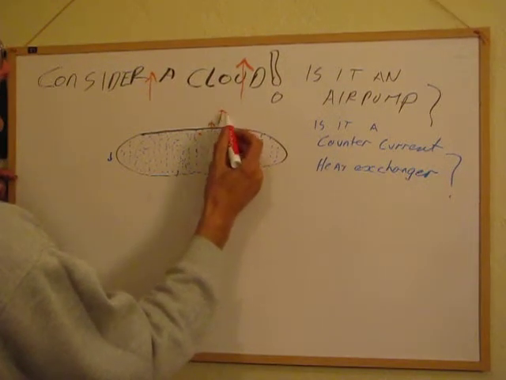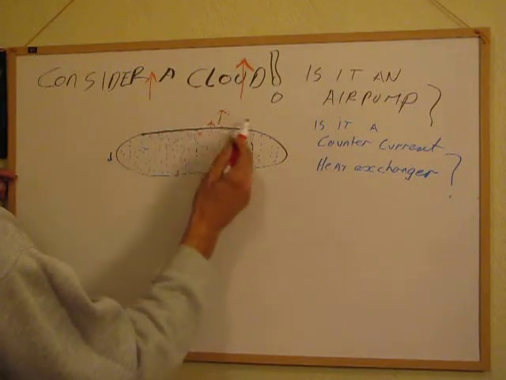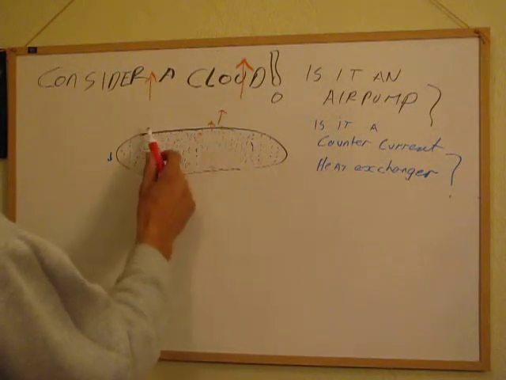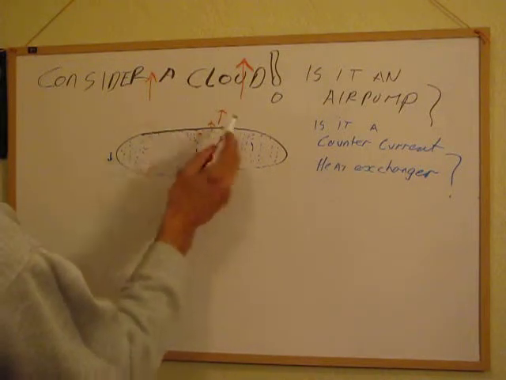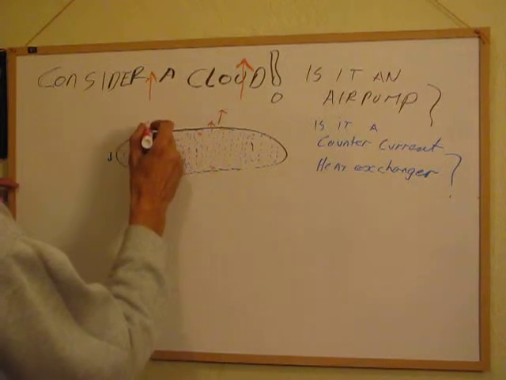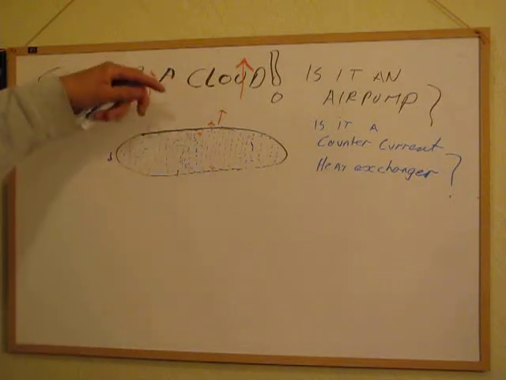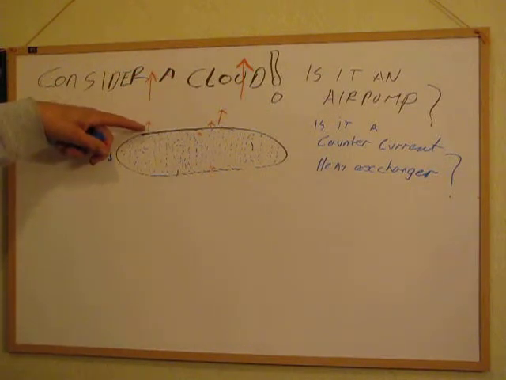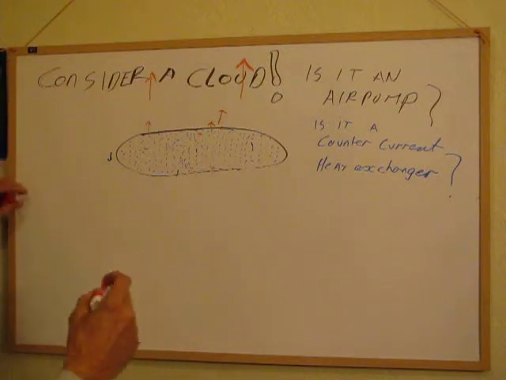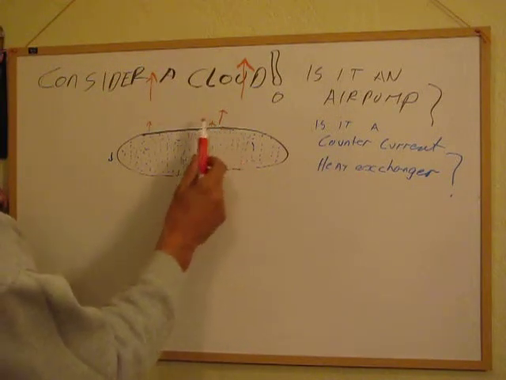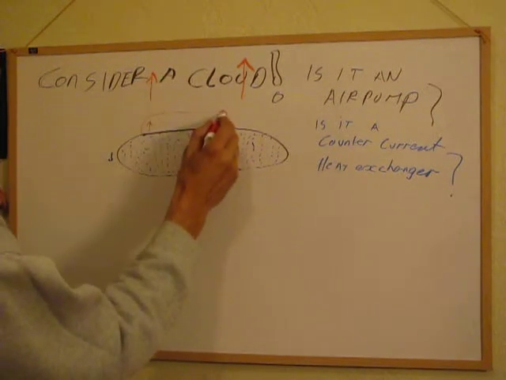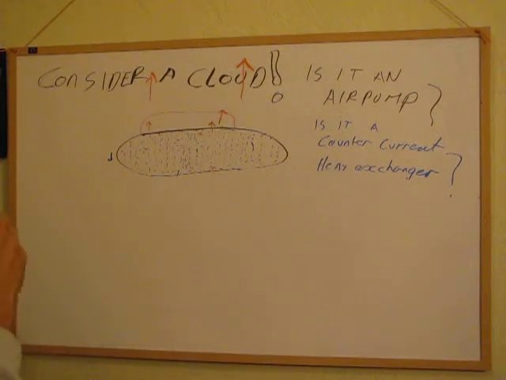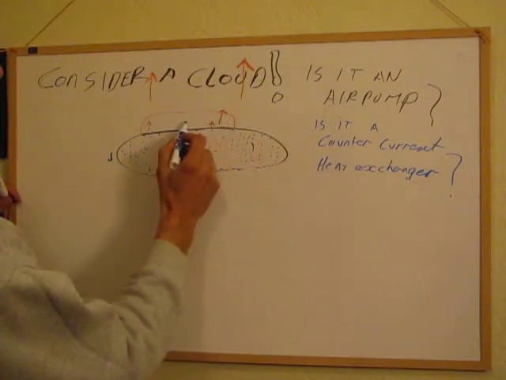So that means as soon as it comes out here, it speeds up. And if you consider the entire top of the cloud, the warm saturated air coming up and out and speeding up, what happens? You have the warm air going up, it's cooling, and because it's speeded up, it has taken up more space, and that means that you get condensation up here.